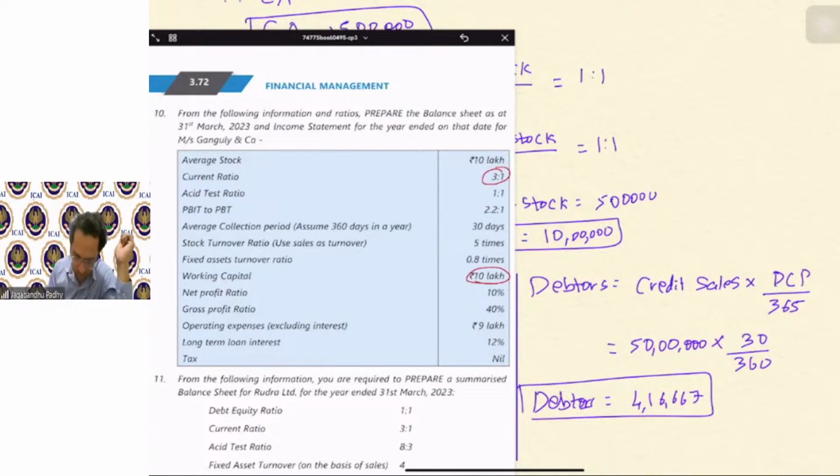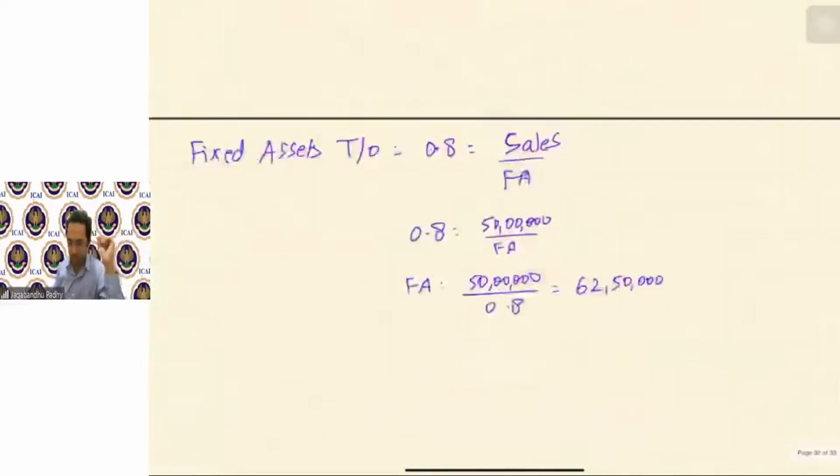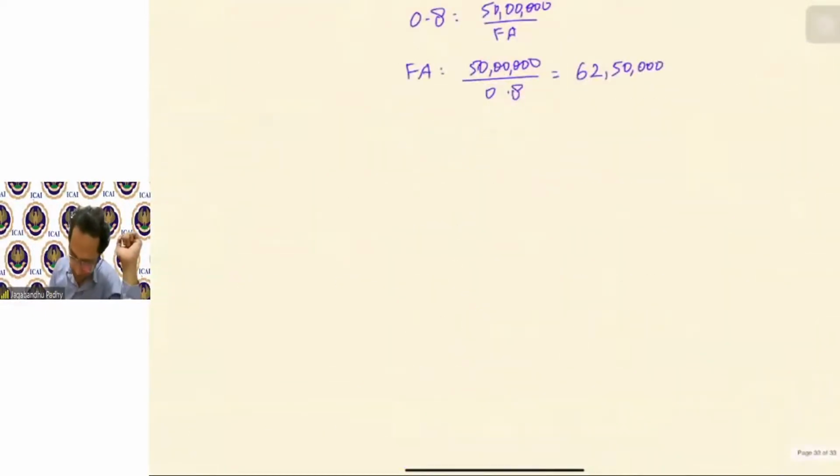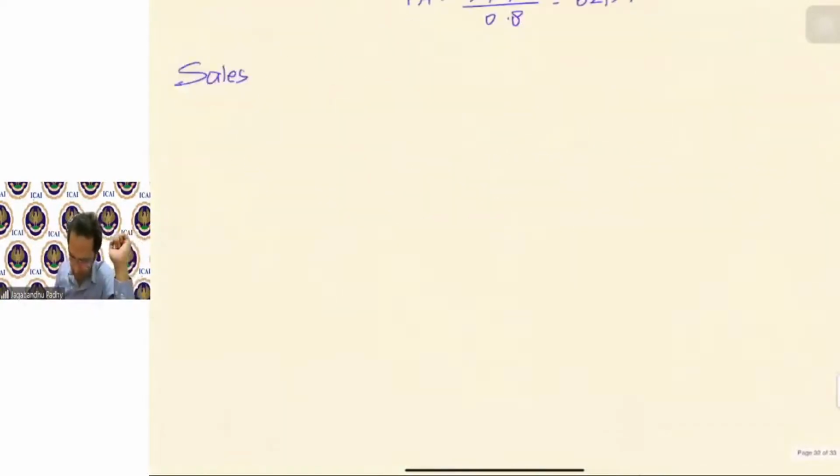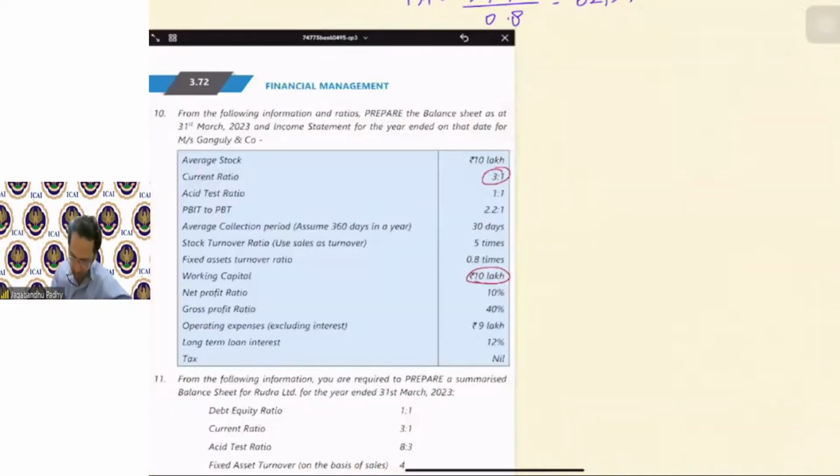Now we need to actually work on the P&L part. Let's try to prepare the P&L part. We have the sales figure. Sales figure is 50 lakhs, right? From that, we need to subtract the COGS, cost of goods sold.